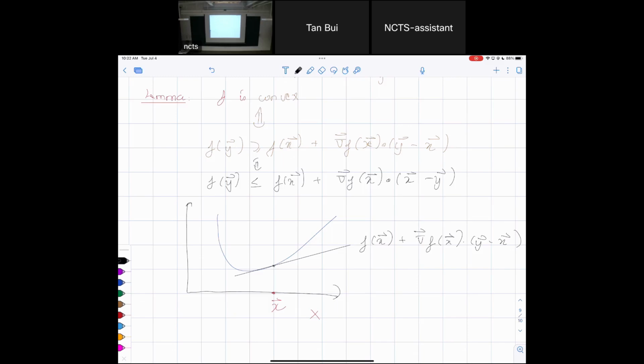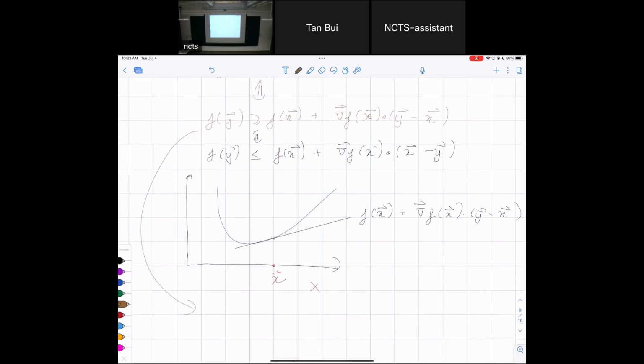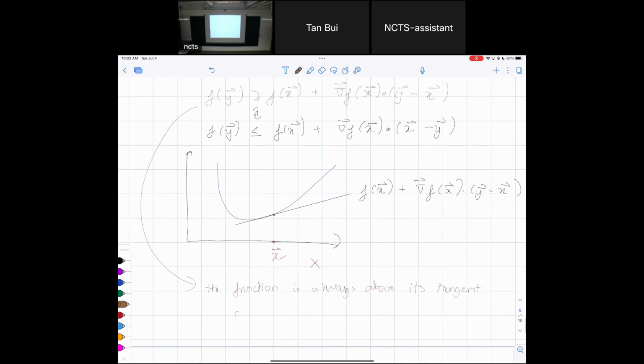But the first one is important, because what it says is that if the function is convex, then the function is always above the linear extensions at any point. We just showed it, right?